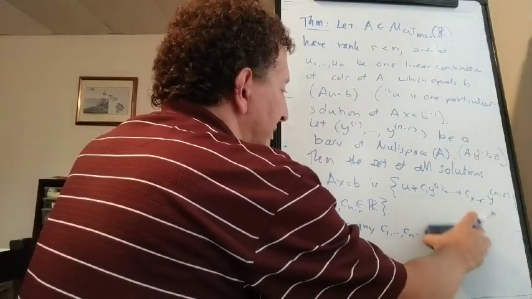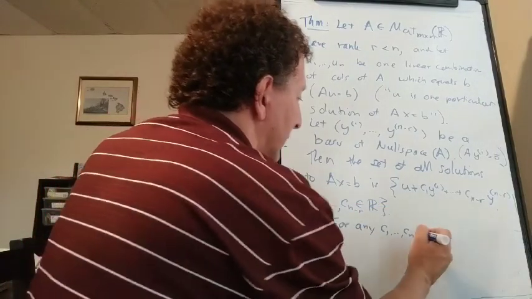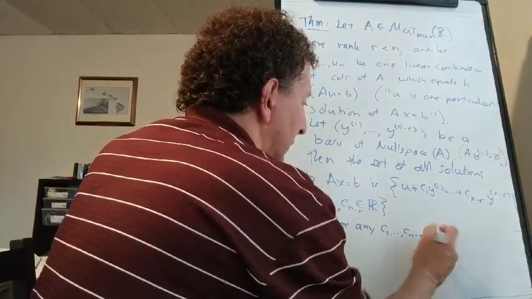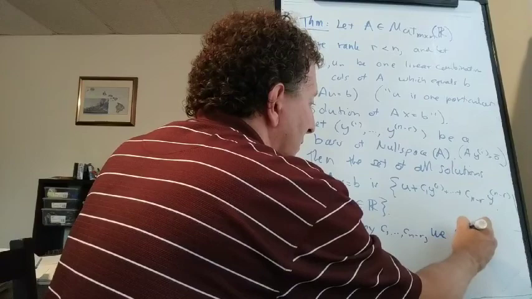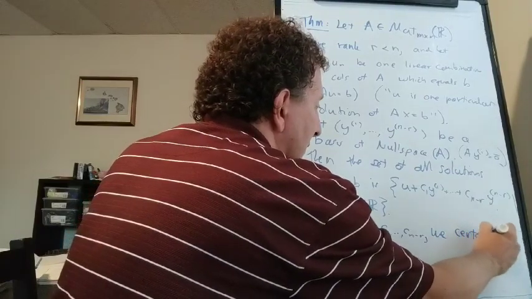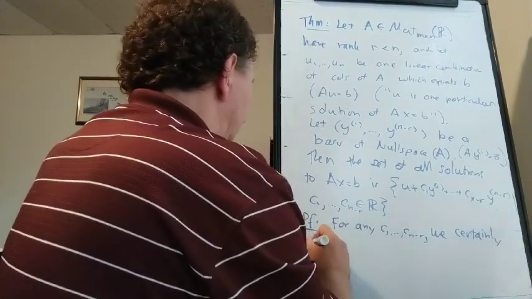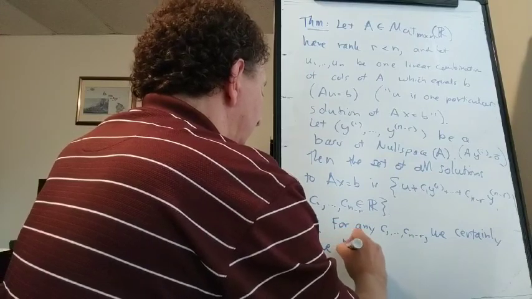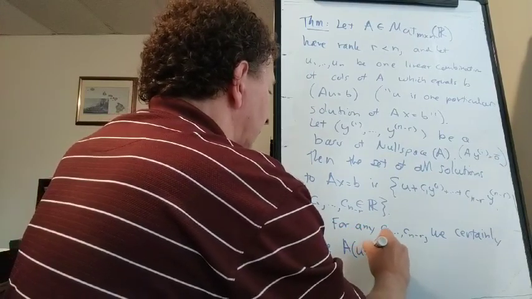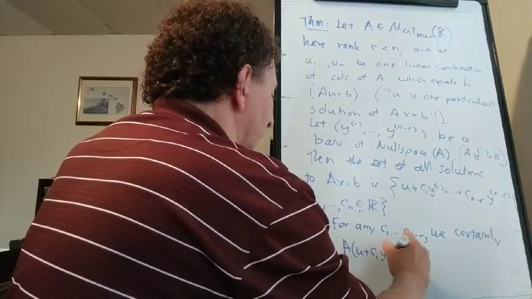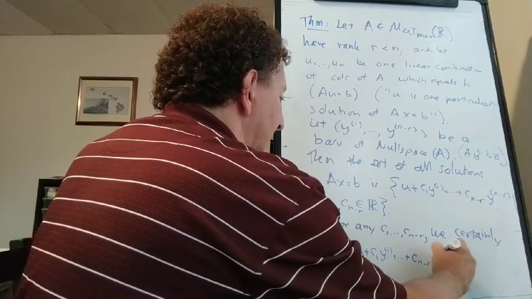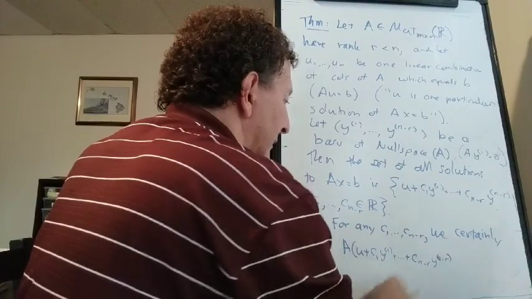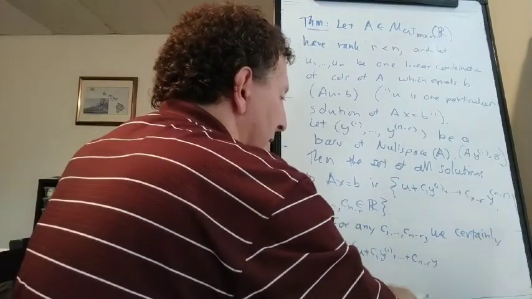So for any coefficients C1 through C n minus r, we certainly have A times U plus C1 Y1 dot dot dot C n minus r Y n minus r.